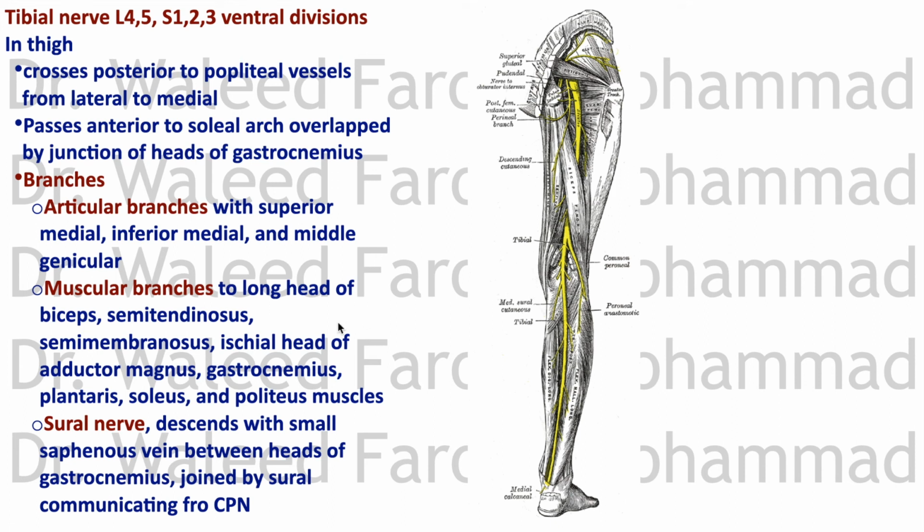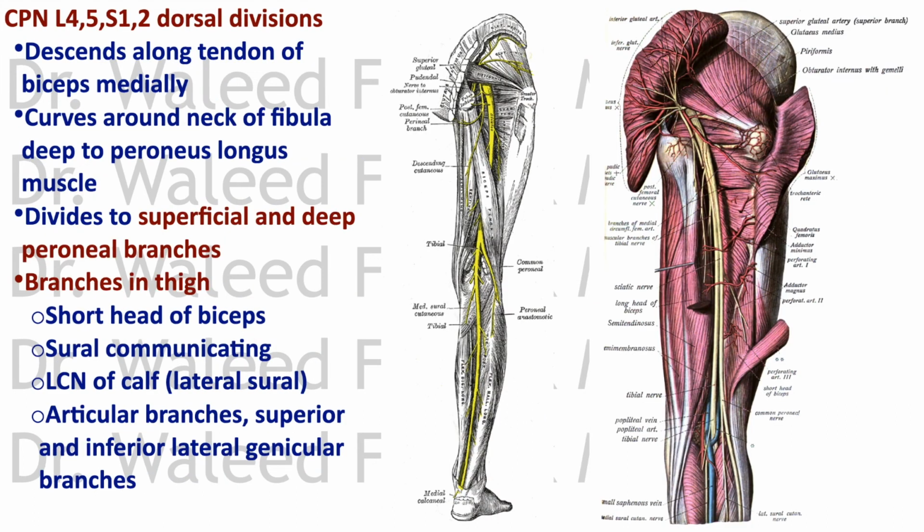The sural nerve descends on the back of the leg and to the lateral side of the foot, and it's joined by a sural communicating from the common peroneal nerve. It's a cutaneous branch.